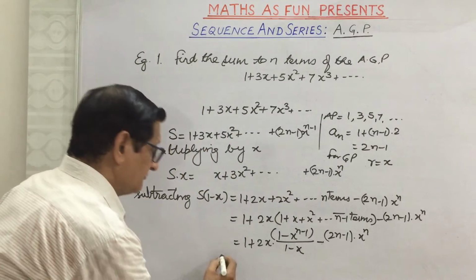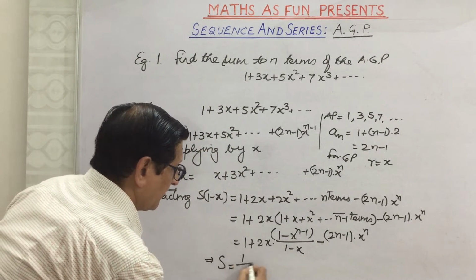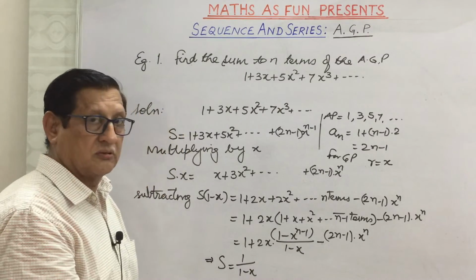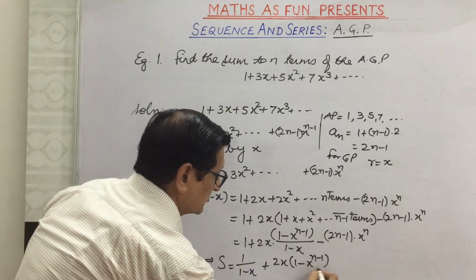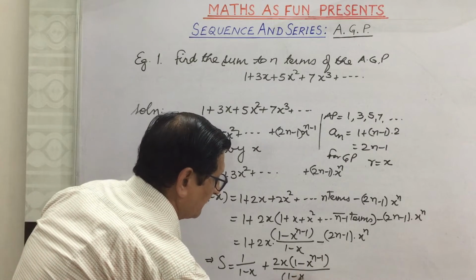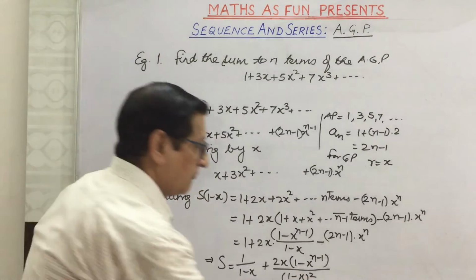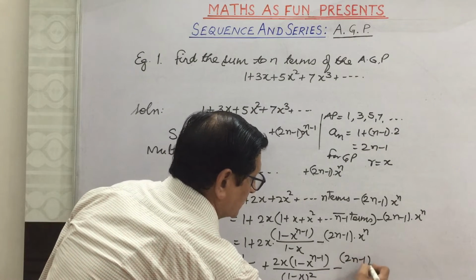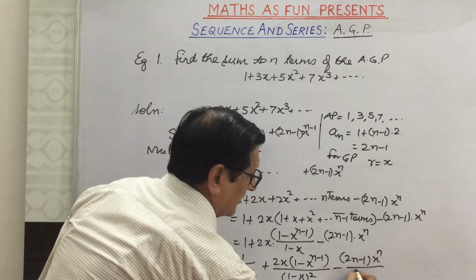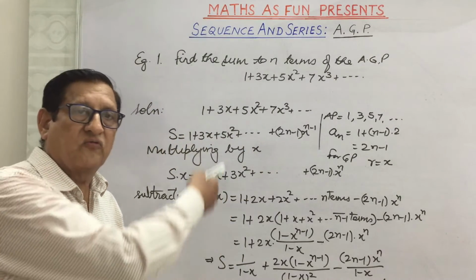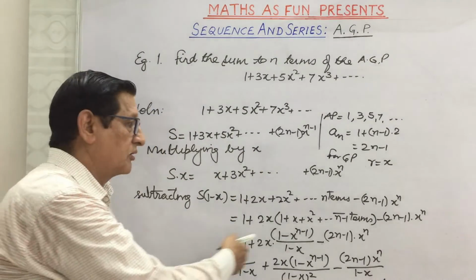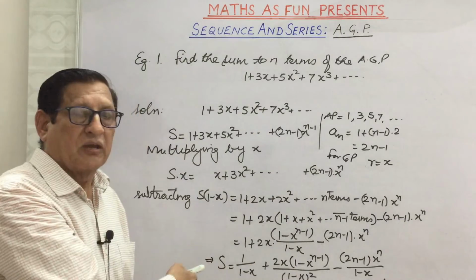Now if we find the sum, s will be 1 upon 1 minus x plus 2x into 1 minus x to the power n minus 1 upon 1 minus x square, minus 2n minus 1 into x power n upon 1 minus x. This is the way we can find out the sum to n terms of AGP by using the algorithm.